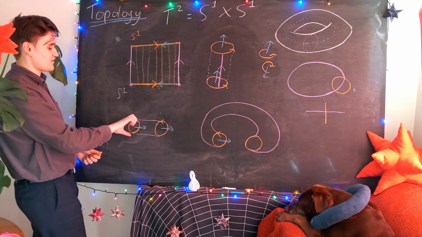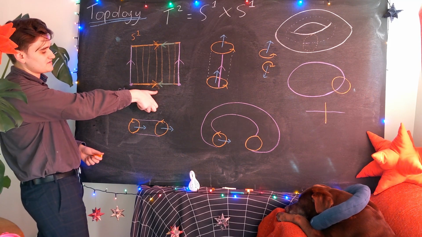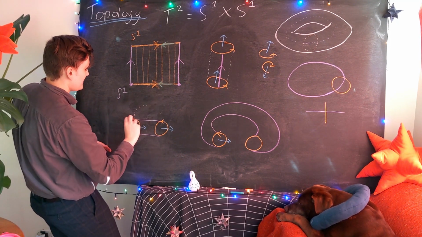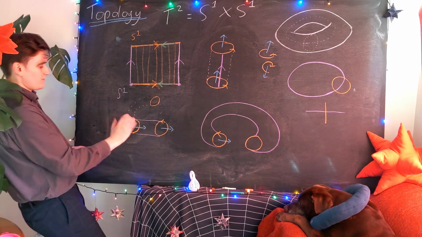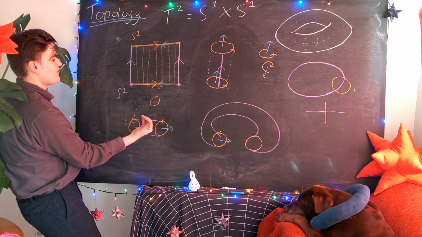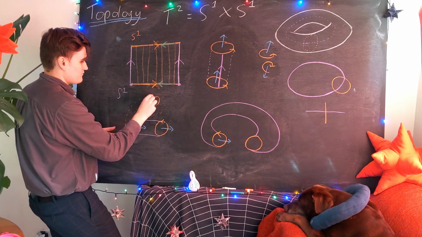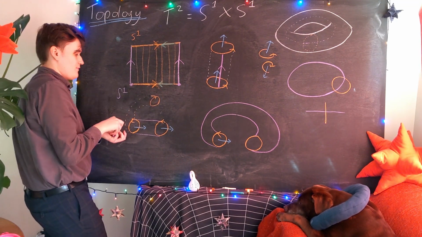We first need to drag this circle up to there. If it gets dragged up to here, so it was going like that to begin with, and then I turn that, it's going to be pointing that way.